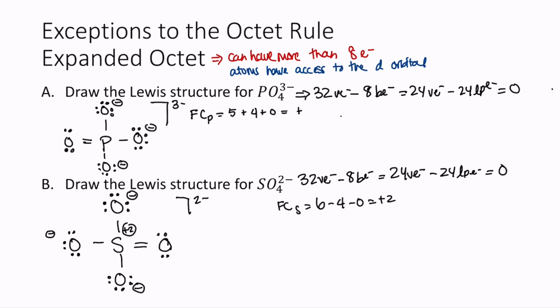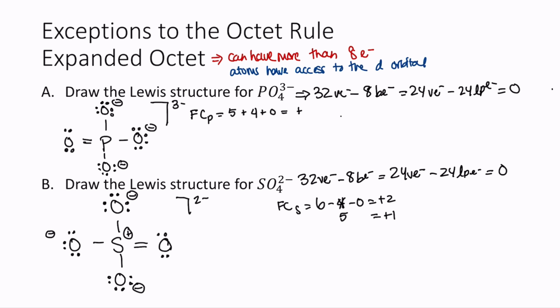and form double bonds. When I form one double bond, I can make the formal charge on the oxygen go away. And now, instead of 4 bonds, I have 5. So that's going to give me a +1 formal charge.